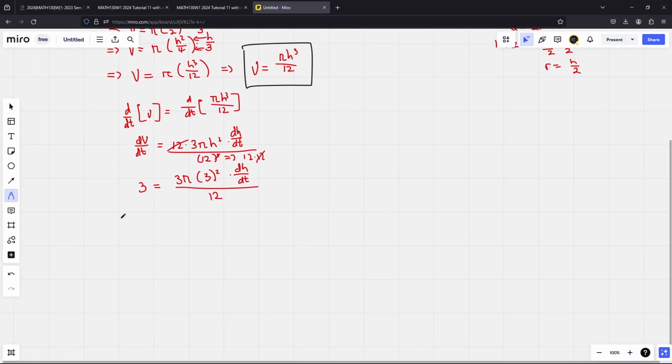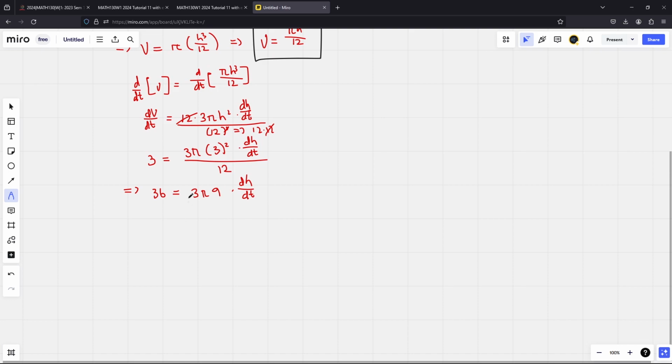In the next step I'm going to multiply both sides by 12. If I do that, I have 12 times 3, which is 36, equal to 3 pi times 3 squared, which is 9, times dh/dt, and that's going to be 27 pi dh/dt.